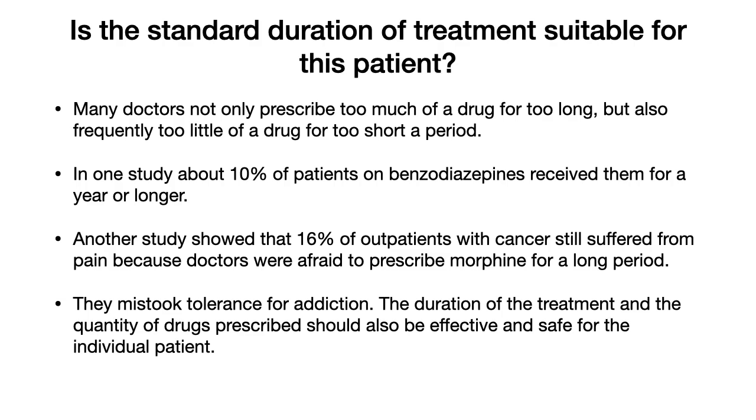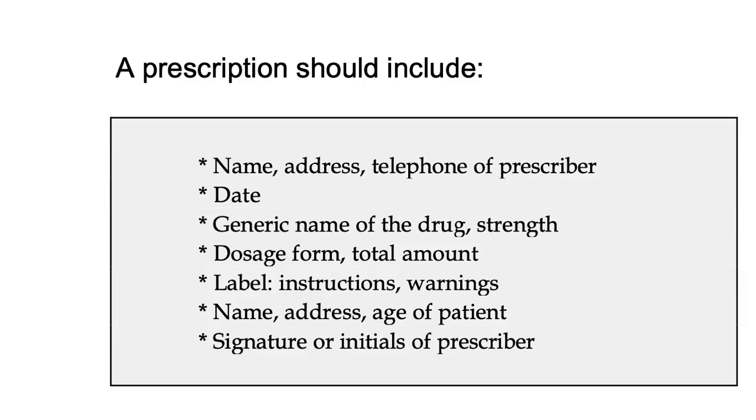After you define the patient problem, determine your therapeutic objective, and select the medication based on efficacy, safety, suitability, and cost, then you exercise prescription writing. You need to write your name, your telephone number, and the date.